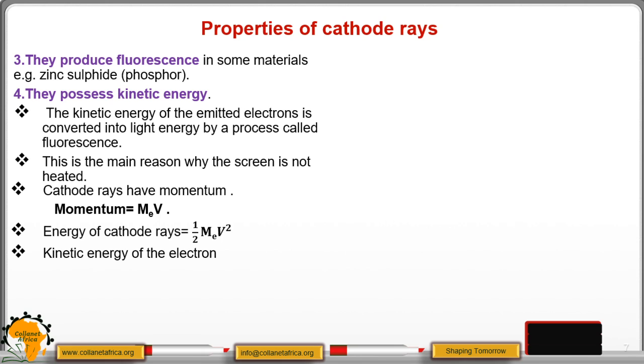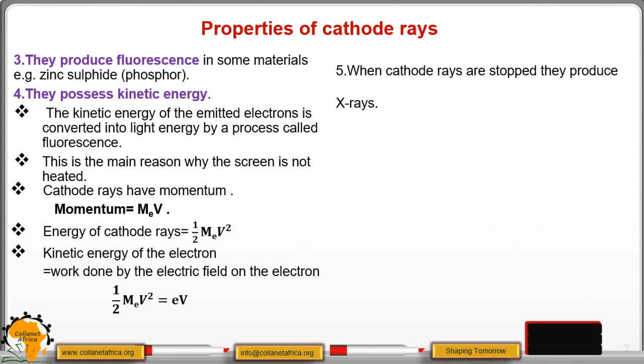Then the kinetic energy of the electron is equivalent to the work done by the electric field on that electron, and therefore that kinetic energy will be given by eV, where e is the charge of an electron multiplied by the volts.